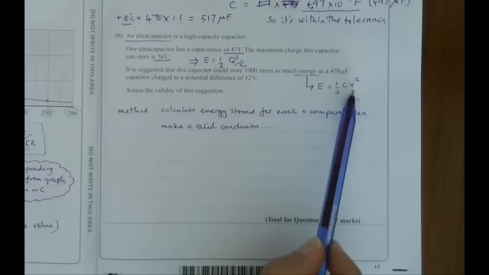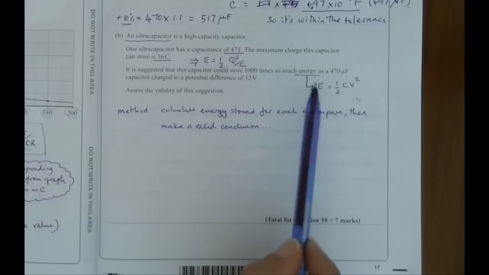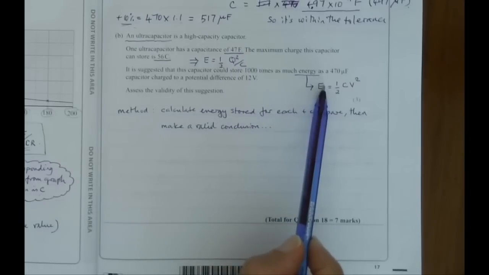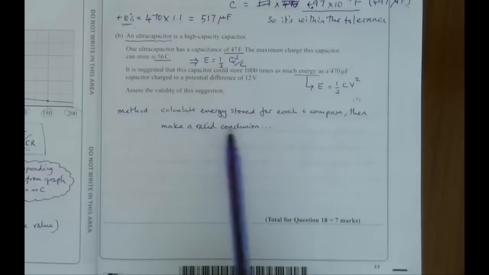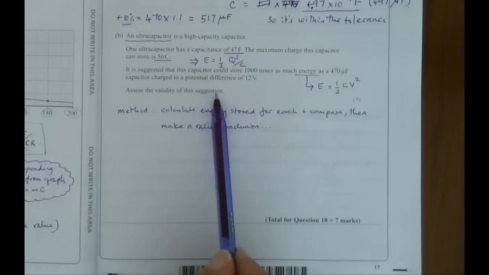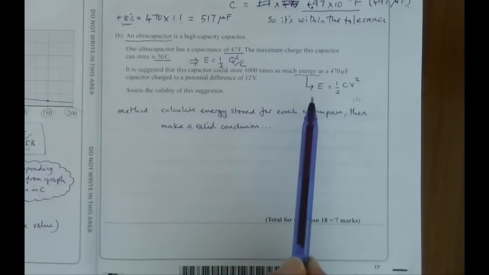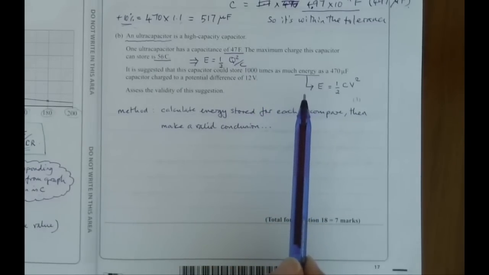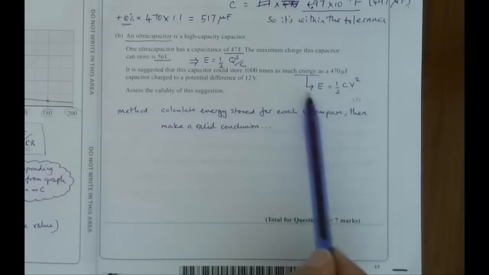As long as you show that you can get numbers into these two forms to get the two values for your energy, yeah? Calculate the energy stored for each and compare, then make a valid conclusion. So assess the validity of this suggestion. So does this equation give you an answer which is 1,000 times bigger than the equation for the 470 microfarads?